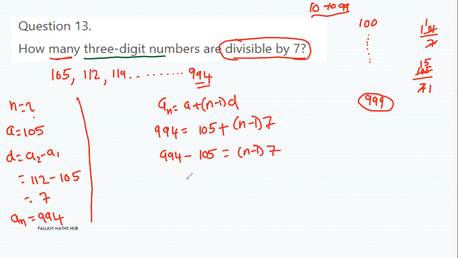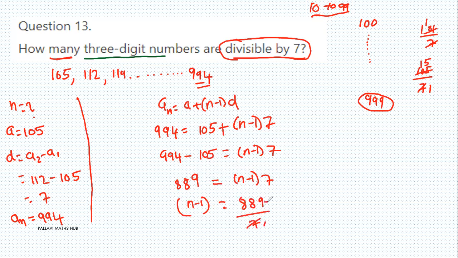So 994 minus 105 is equals to how much? 889. Is equals to N minus 1 into 7. So N minus 1 is equals to 889 divided by 7.